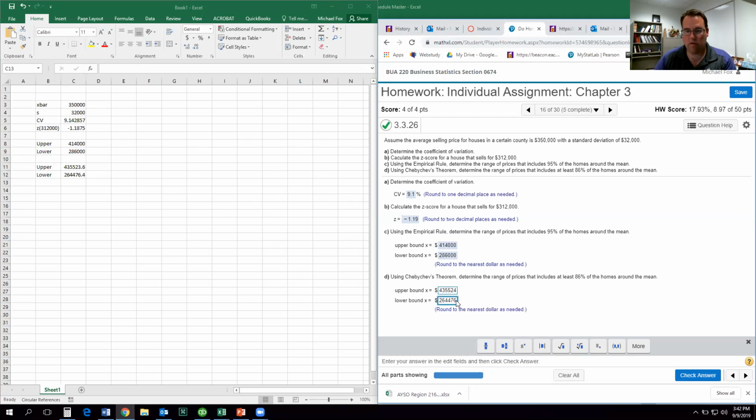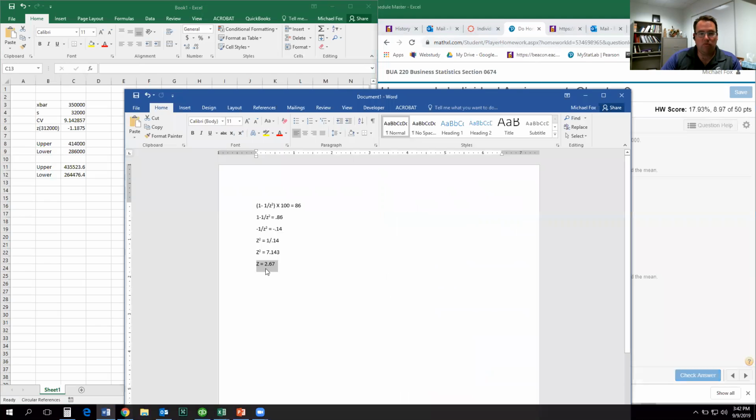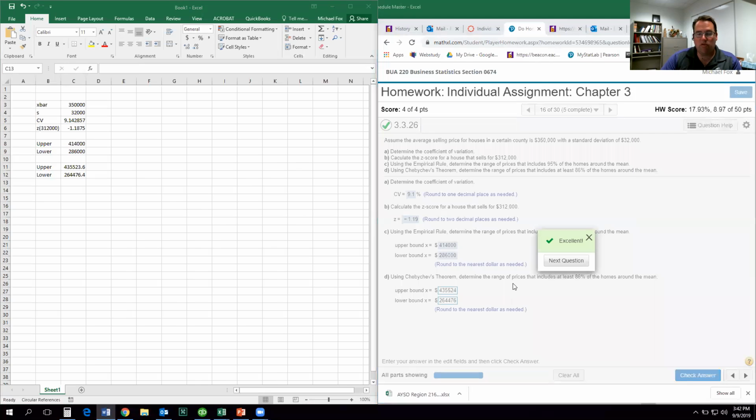Let's see if that works. All right, so maybe a good lesson in that is we have to not round off our intermediate numbers. Like right here where I figured 2.67, instead you need to carry that out several more decimal places. You saw the big change it made in those numbers.